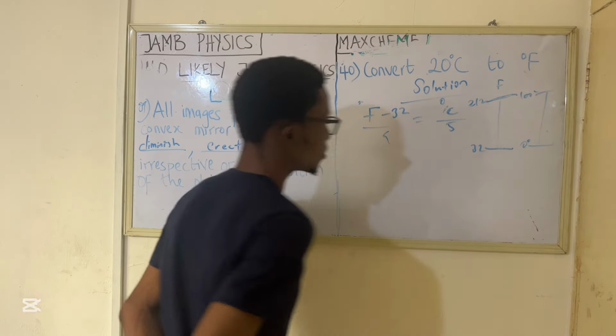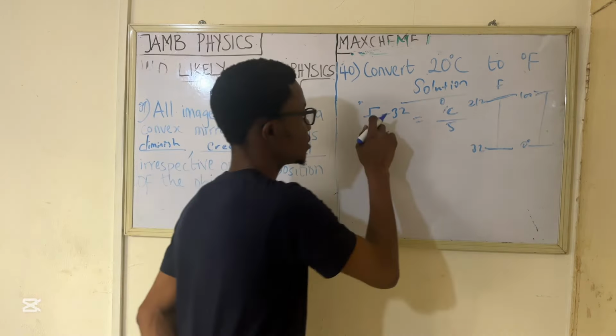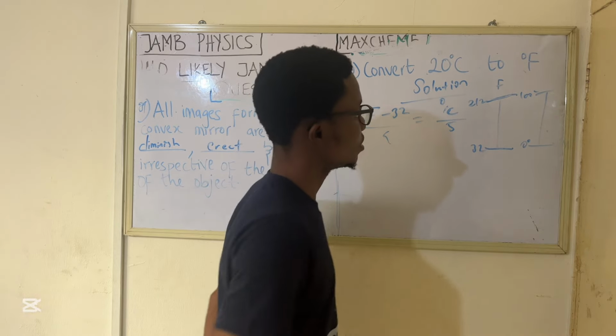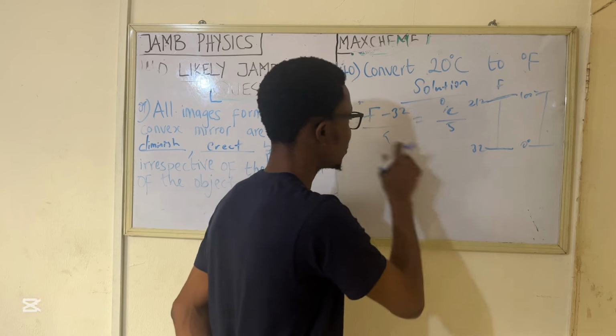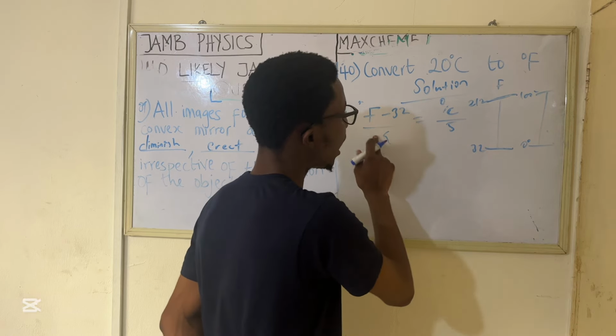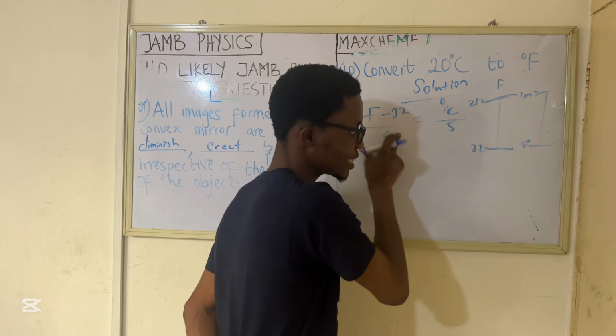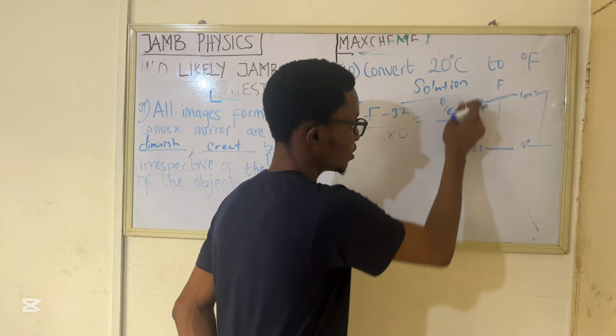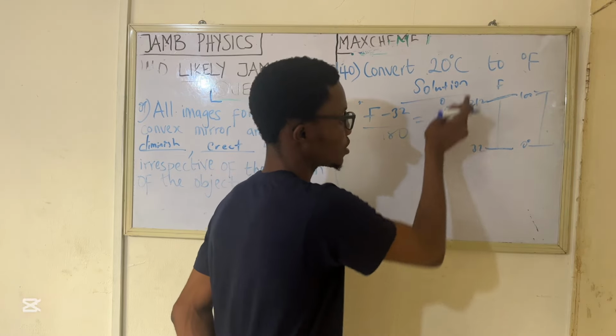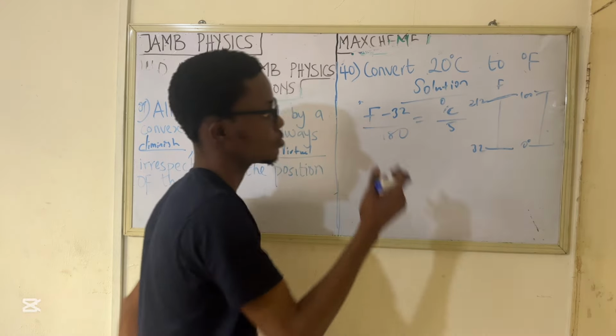Now look at this, F minus 32. This 32 is our ice point in Fahrenheit. Initially the denominator was not 9, it was 180, which is the distance between the ice point and the steam point.